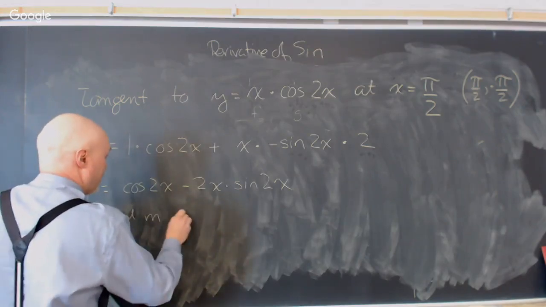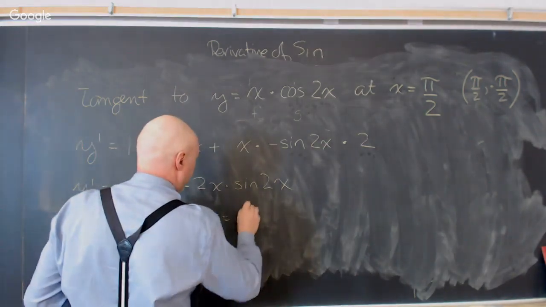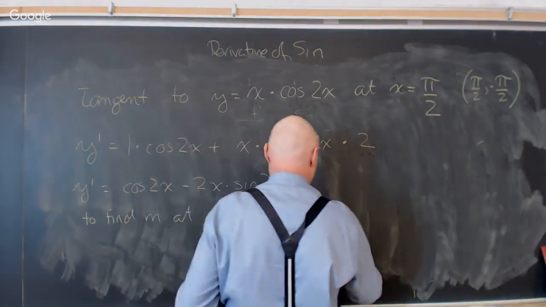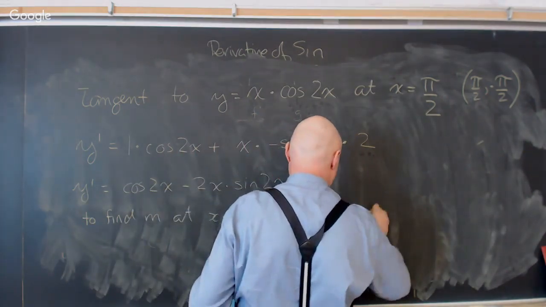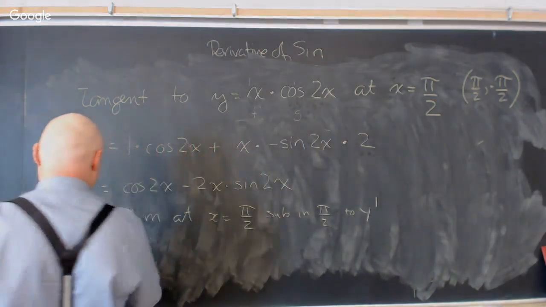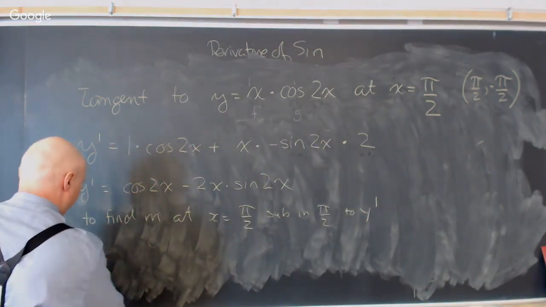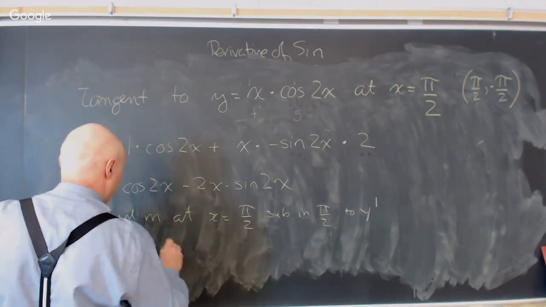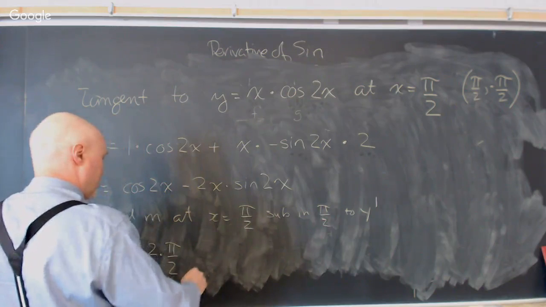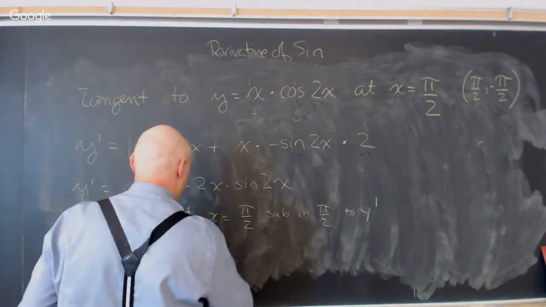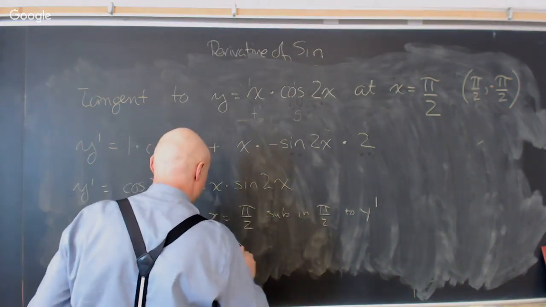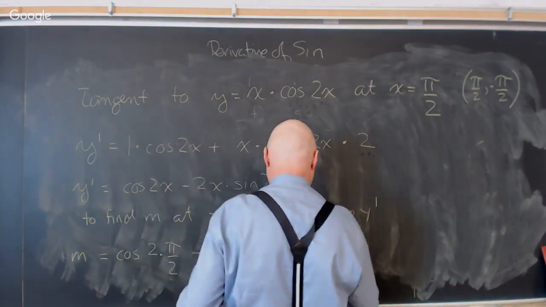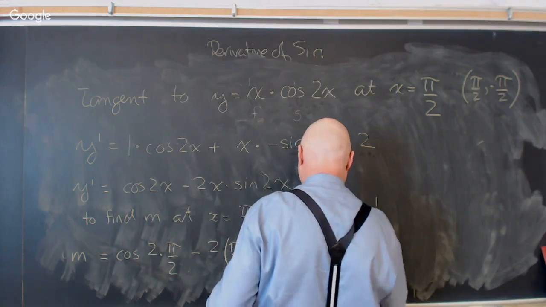So to find m at x equals pi over 2, sub in pi over 2 to y prime. Good. Okay. So y prime, m is equal to the cosine of 2 times pi over 2, minus 2 times pi over 2 times the sine of 2 times pi over 2.